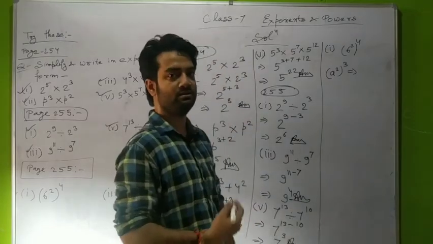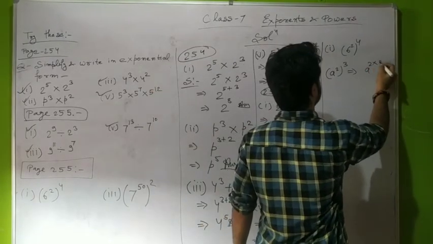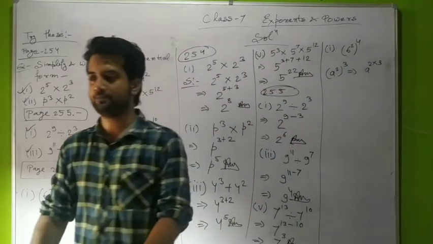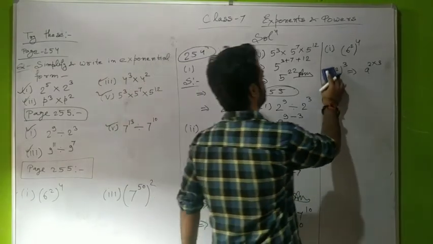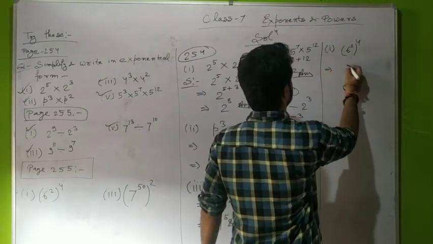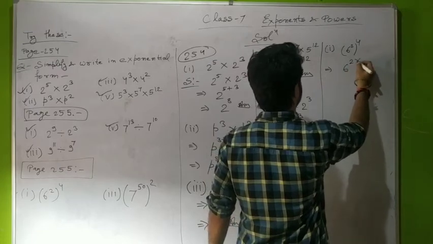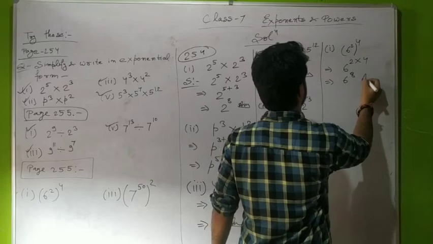The exponents are multiplied. It can be written as a raised to the power 2 into 3. So in the same way we can write 6 raised to the power 2 into 4, 6 raised to the power 8.